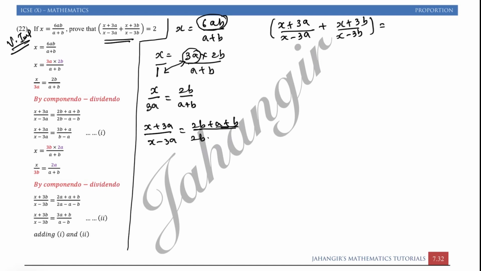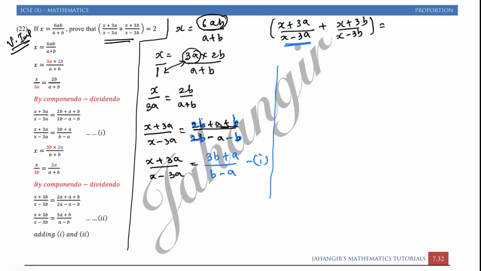If I am writing minus, I have to change sign. So x plus 3a upon x minus 3a is equal to 2b plus a plus b, that is 3b plus a, upon 2b minus a minus b, that is b minus a. I got the first result. Let it be the first result.